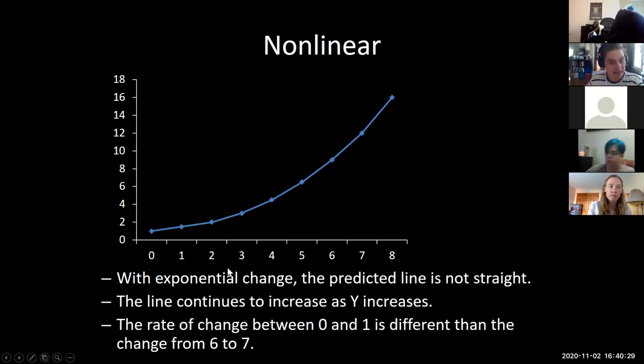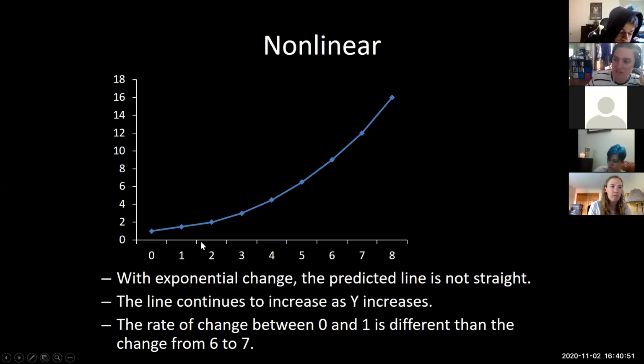Now this is an example of a nonlinear relationship or an exponential relationship. Exponents, do you know that word? Exponent? Stick with me, it's going to come back. With exponential change, the predicted line is not straight.